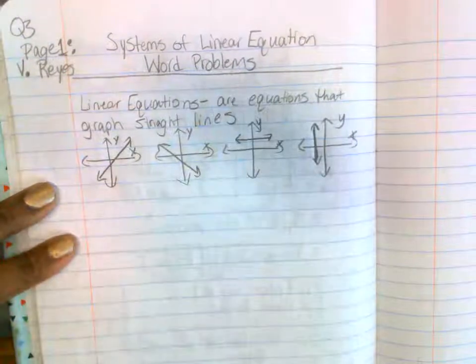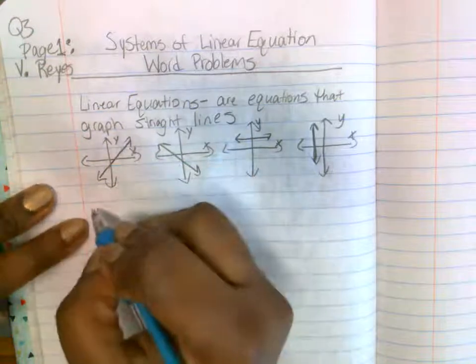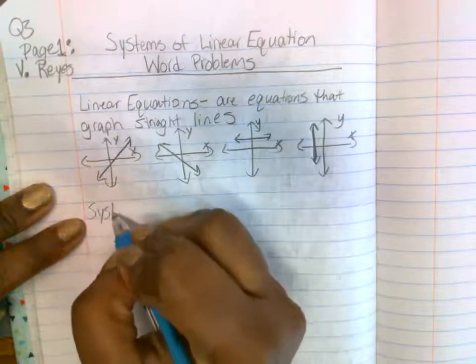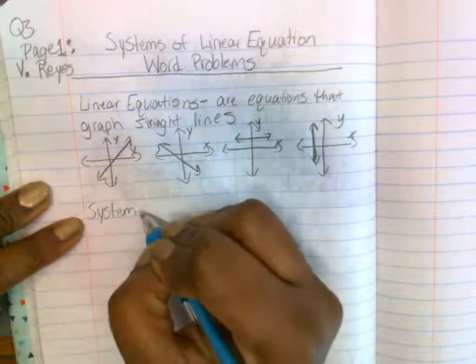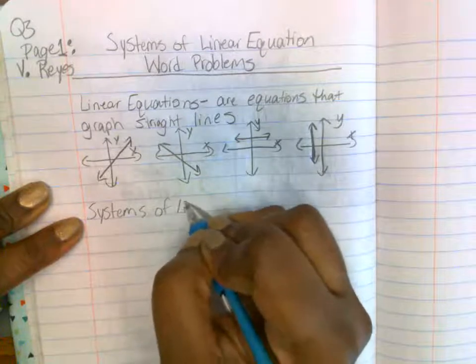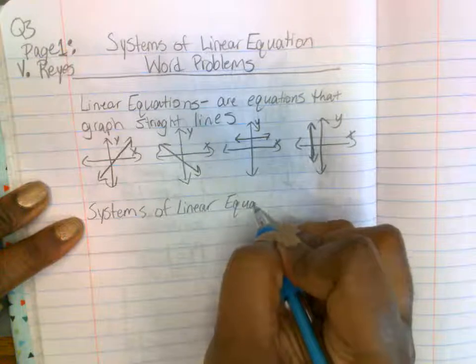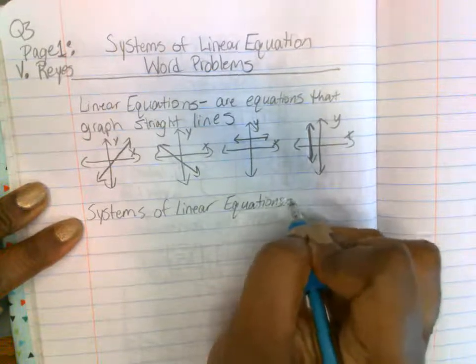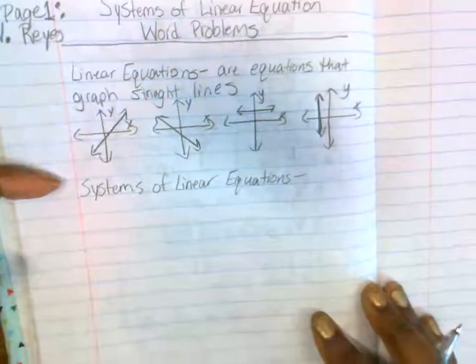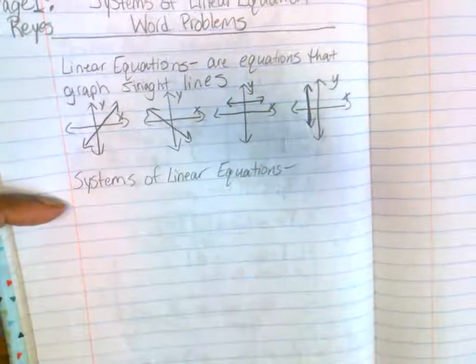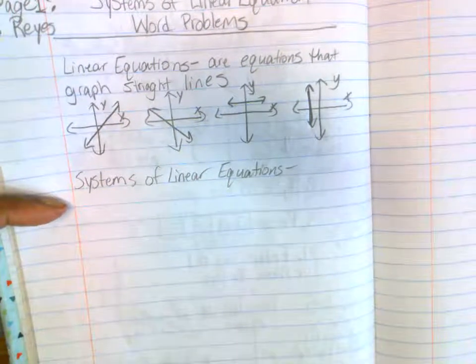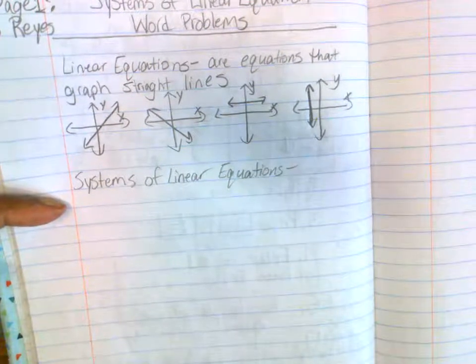All right. The other thing that you need to know about solving system of linear equation word problems is what is a system of linear equations. So system, going to define systems of linear equations. Think about system meaning more than one. A bus system is more than one bus.